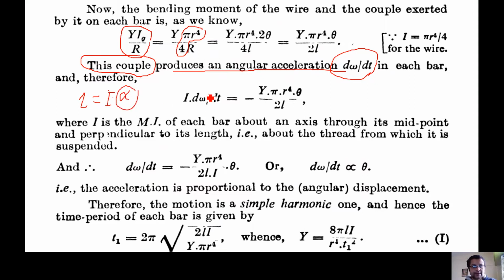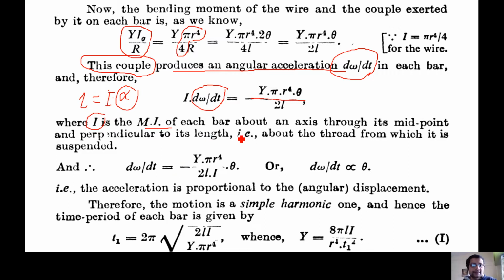This alpha is d omega by dt in this case, and you can calculate the moment of inertia multiplied by this acceleration in terms of Young's modulus. Here I is the moment of inertia of each bar. They have masses and a distribution of masses, and each moves about an axis passing through the midpoint and perpendicular to its length.